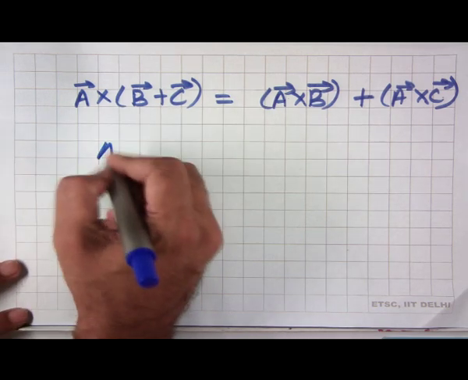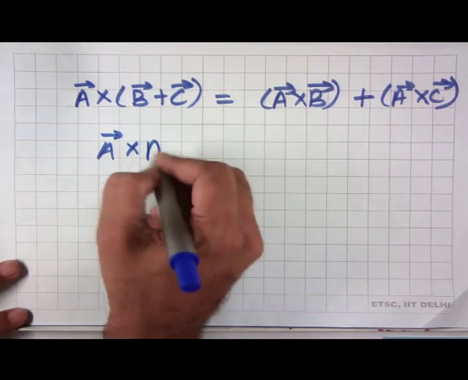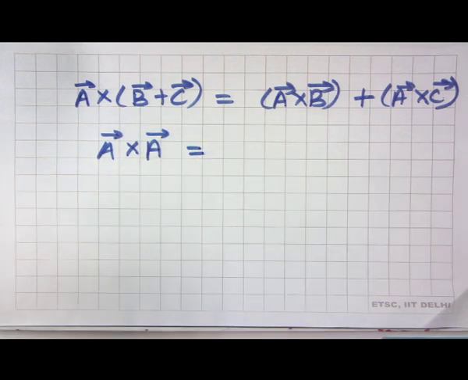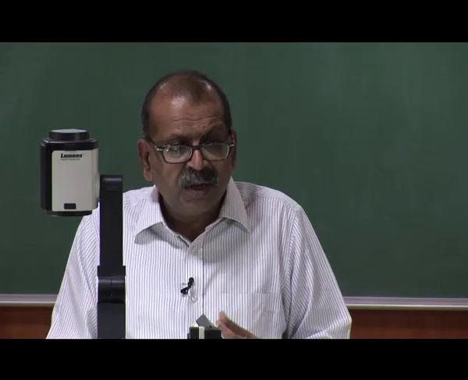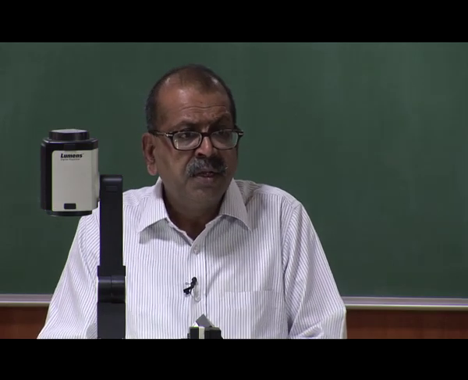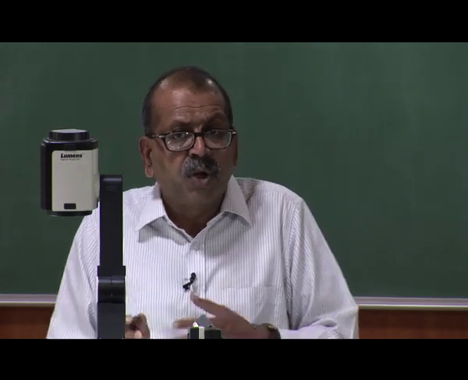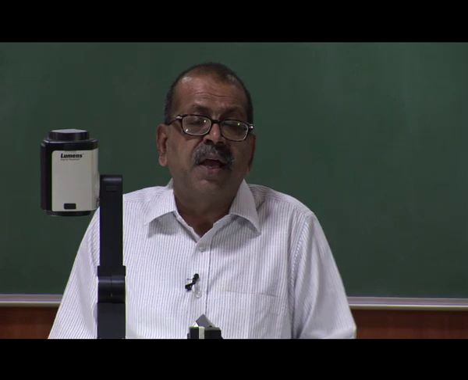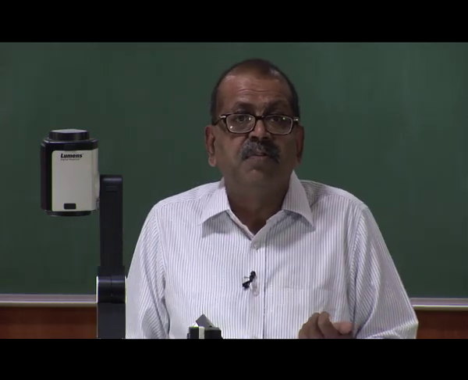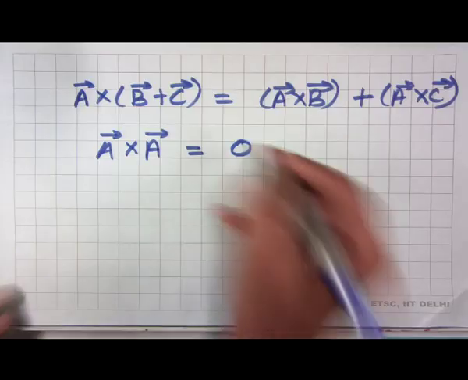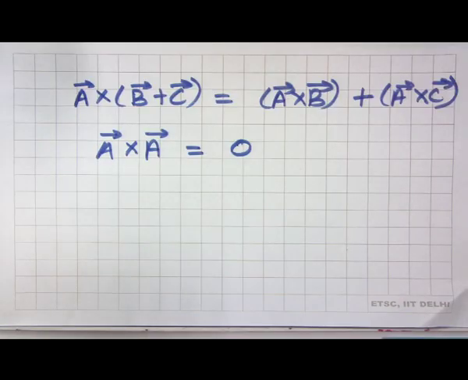Then if we look at A cross A, this will be equal to magnitude of A multiplied by magnitude of A multiplied by sine of the angle between A and A. Now, because A and A are the same vector, the angle between A and A will be 0, so sine of it is 0. Therefore, A cross A will always be 0.